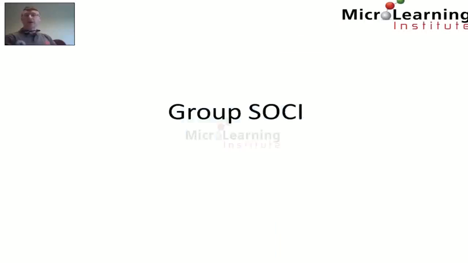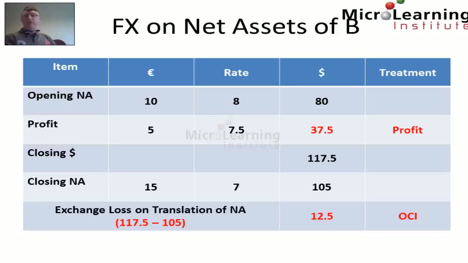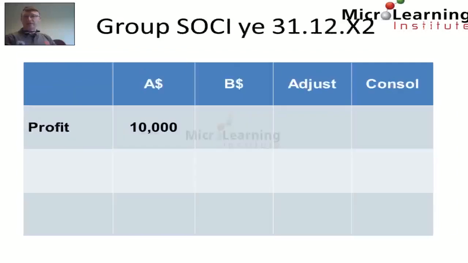We can now also take a look at the group statement of comprehensive income. And again, we recall from an earlier slide that we made $37,500 in profit in Company B, and also we had $12,500 of exchange loss on translation of the net assets. So the profit in A, we remember, is $10,000. The profit of B is $37,500 we've just seen.